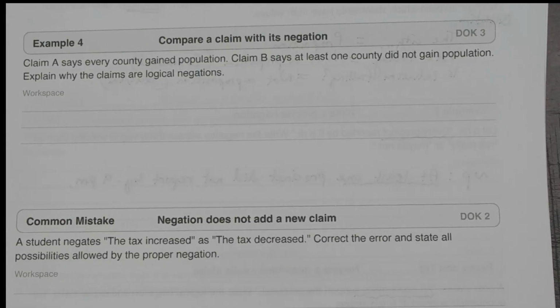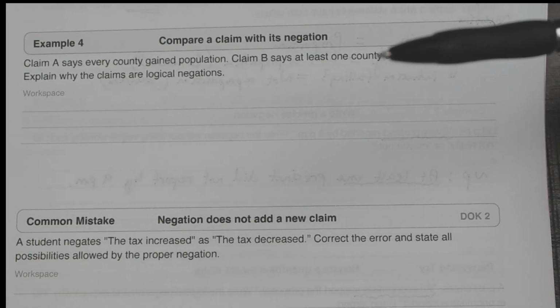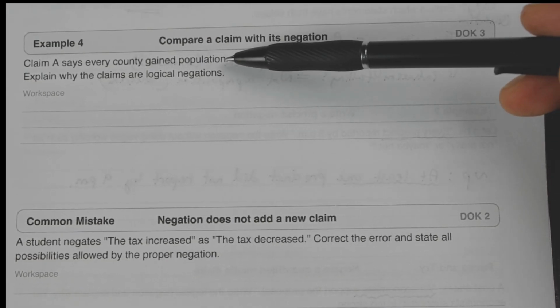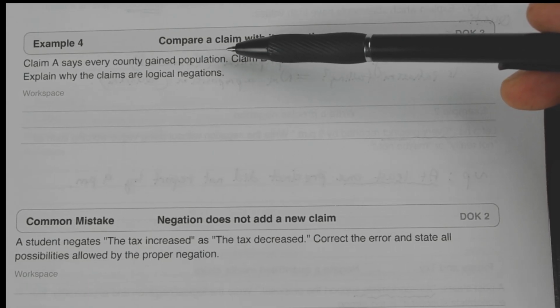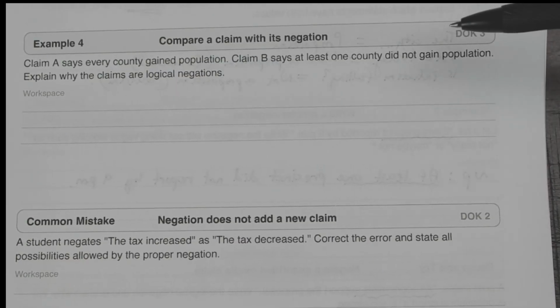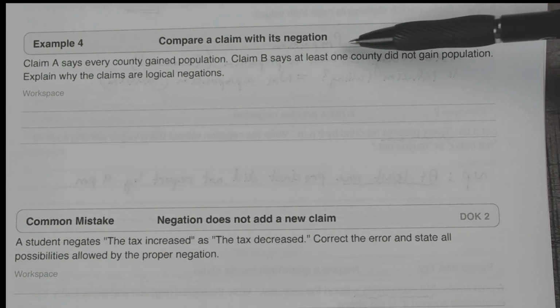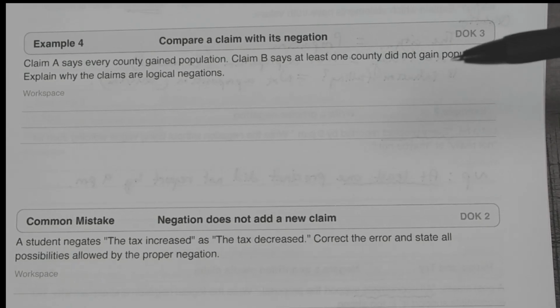Claim A says that every country gained population. Claim B says that at least one country did not gain population. And again, these statements are essentially logical negations, but it asks us to explain why. So if claim A is true, that every single country gained population, then claim B must be false, because claim B says that at least one country did not gain population.